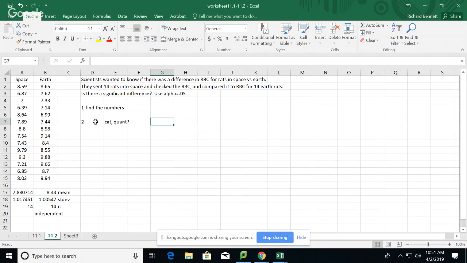Who says it's quantitative? Nobody? Tanner, you picked categorical, didn't you? What are the categories? Earth rats and space rats.